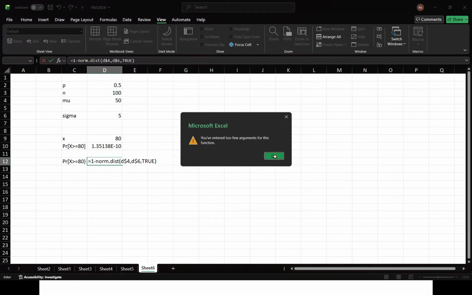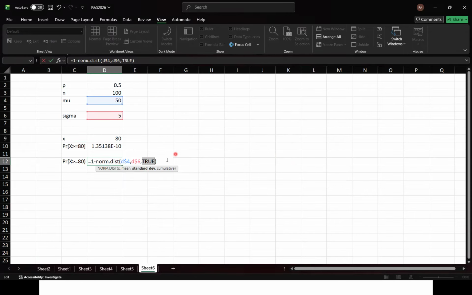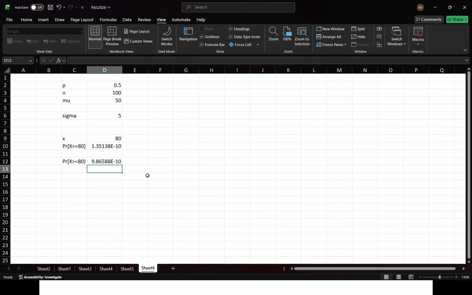I have to pick up an x value, so x value is 80, and that's it. So the number has a similar order, 10 raised to the power minus 10. So the modality is kind of justified.